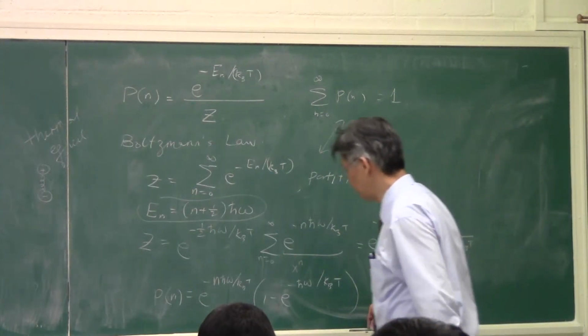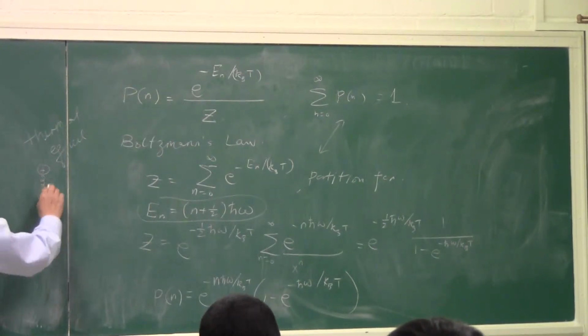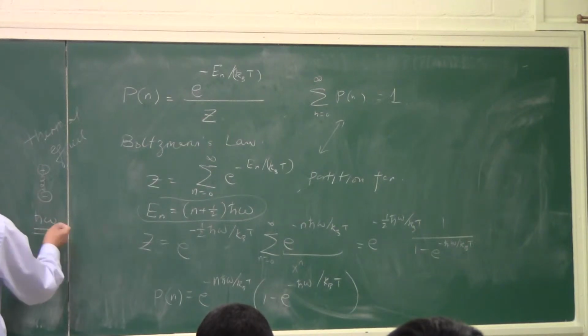And then if you look at the average number of photons you have in the quantum harmonic oscillator, each photon is counted as 1 h bar omega.